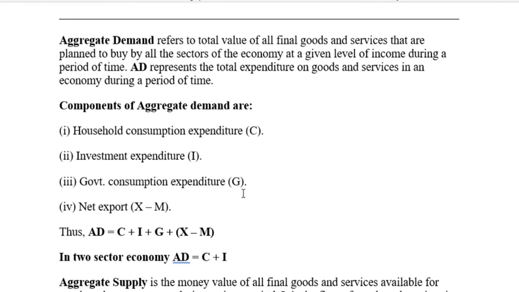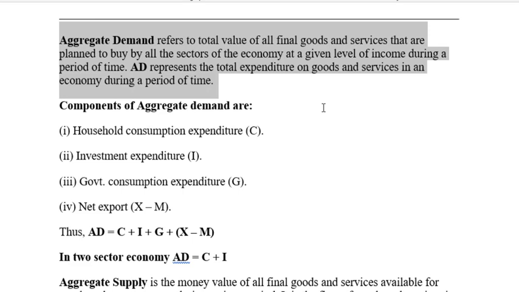Aggregate demand is the value of total expenditure on all goods and services in an economy during a fiscal year. Aggregate demand of the economy depends upon the level of employment.